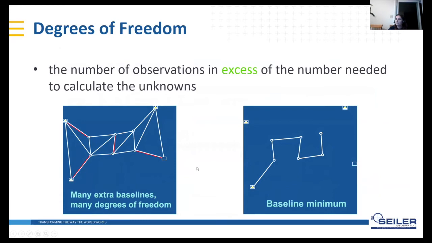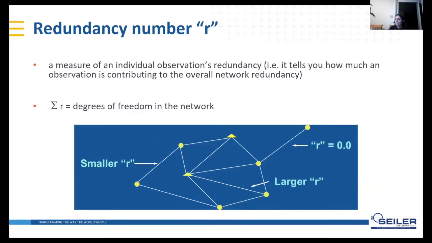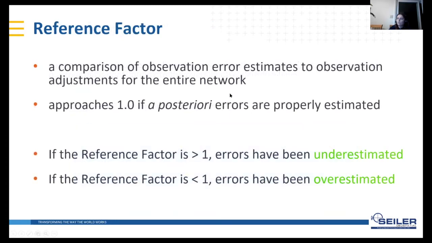These are the degrees of freedom, which is n minus 1. And redundancy. This is a little important. We will see the redundancy number, a measure of individual observation redundancy. And we will compare the reference factor.